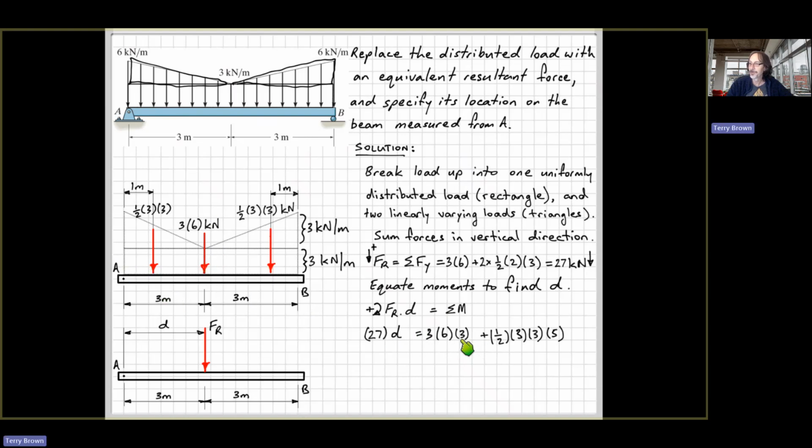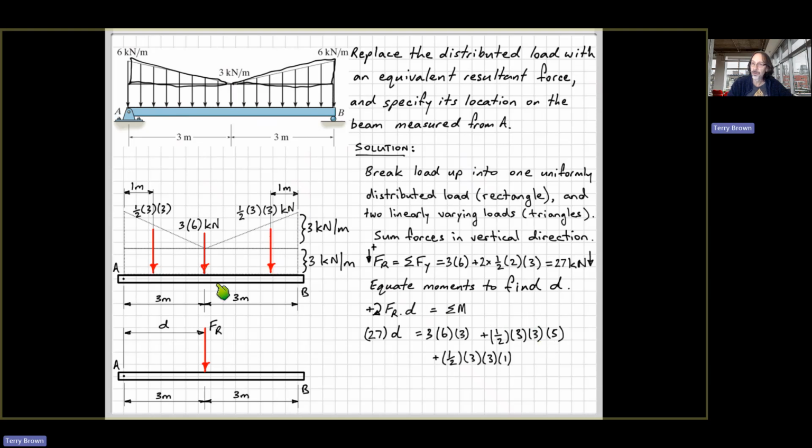So that's where that 3 comes from. And then we have a half times 3 times 3 times 5. This one's perpendicular distance from A will be 3 plus 3 minus 1, which is 5.